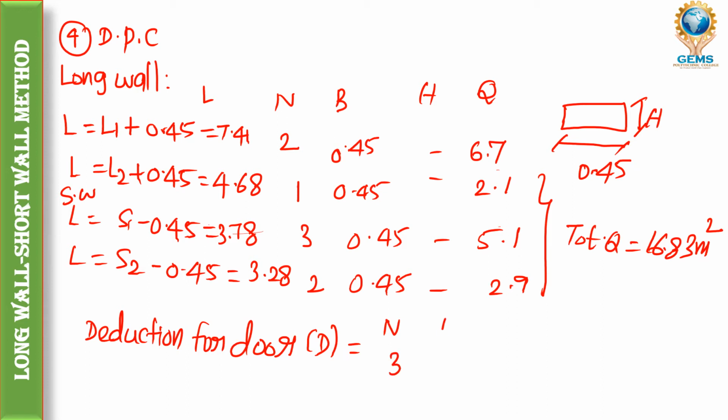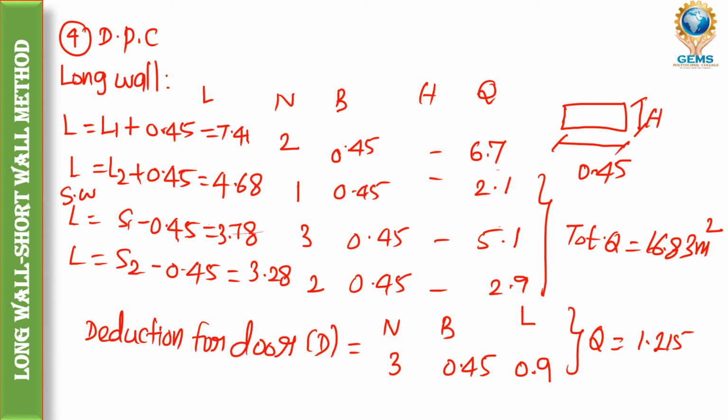Then breadth, 0.45. Then length, the door length, which is 0.9. Same, the height we won't consider for DPC. After multiplying everything, the quantity is 1.215.